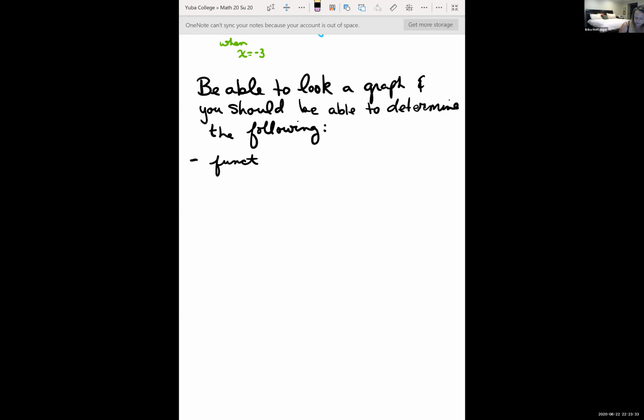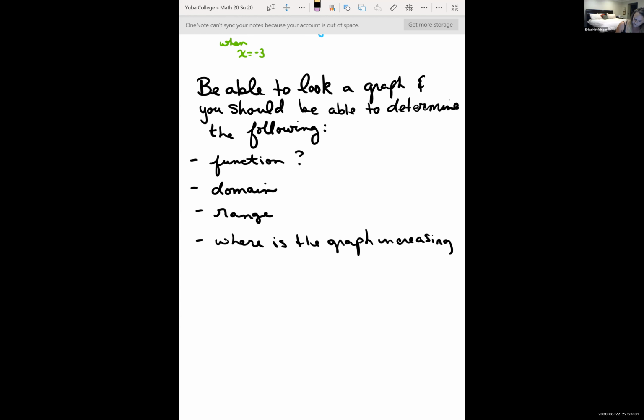Does that graph represent a function? What's the domain? What's the range of that graph? Where is the graph increasing, decreasing, and constant?